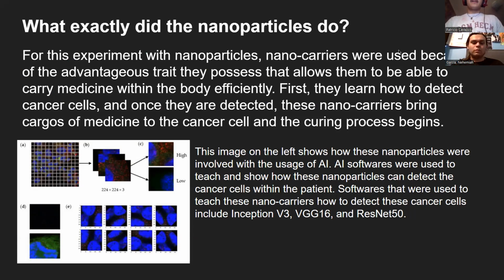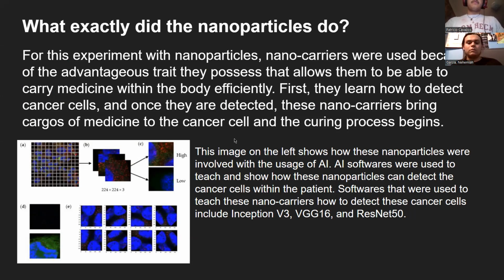These software AIs would help these nanoparticles learn how to detect these cancer cells within the host by creating images of what could possibly be a cancer cell within the host's body, in either high or low resolution to increase difficulty, one could say.